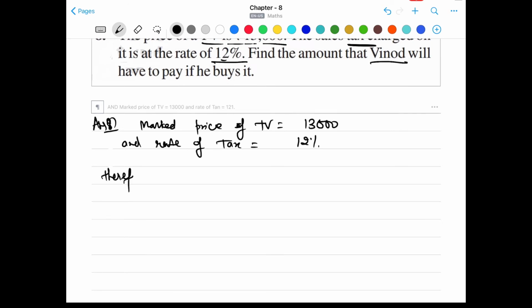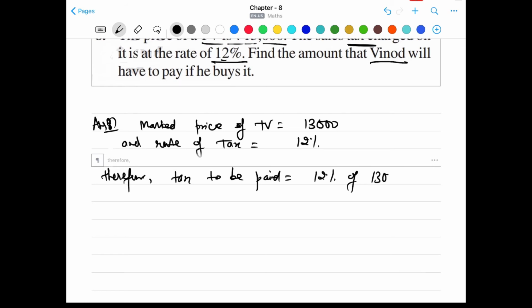Therefore, the tax to be paid will be 12% of the cost price, which is 13,000. So 12% means 12 by 100 into 13,000.